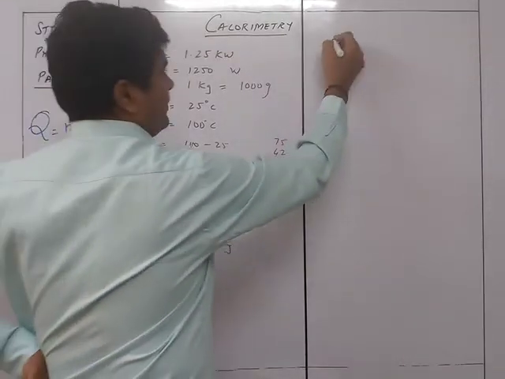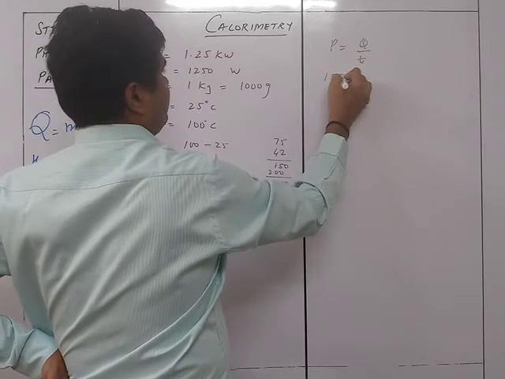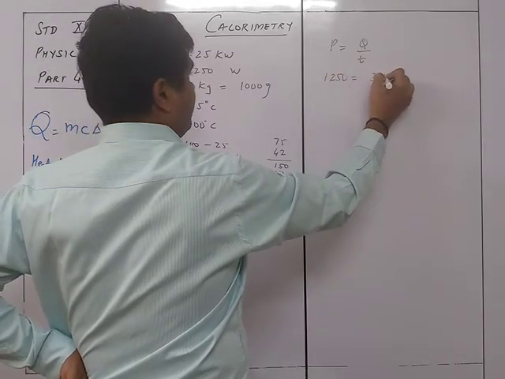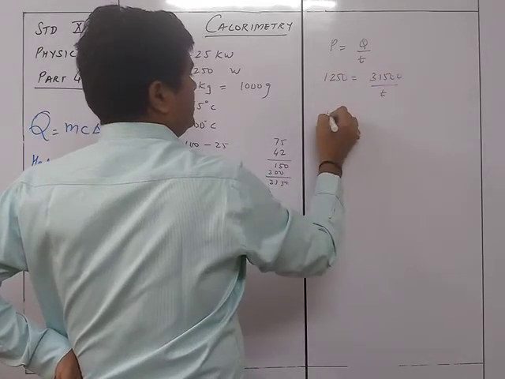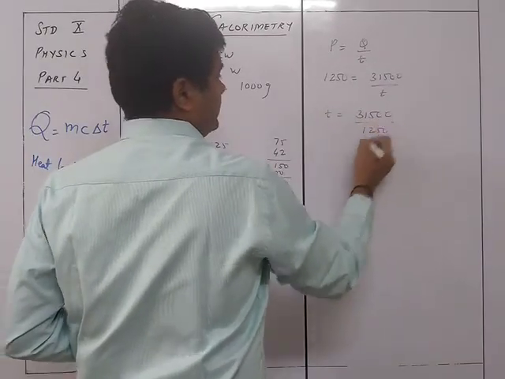Now we know that power is equal to Q upon T. So 1250 is equal to 315000 upon T. So T is equal to 315000 upon 1250.